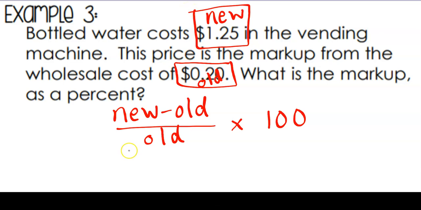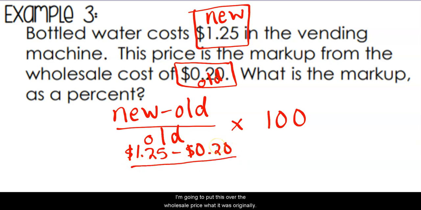My new would be $1.25. I'm going to subtract 20 cents. I'm going to put this over the wholesale price, what it was originally. And then I can just multiply by 100 to get my answer.